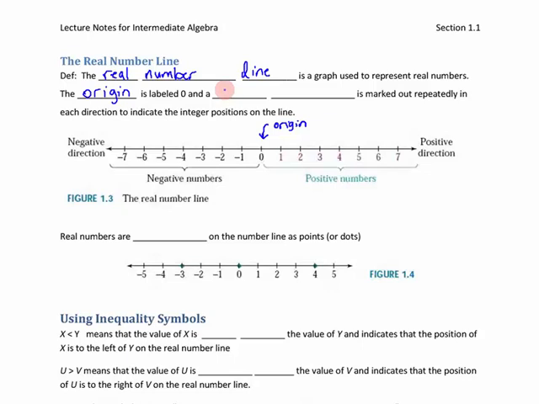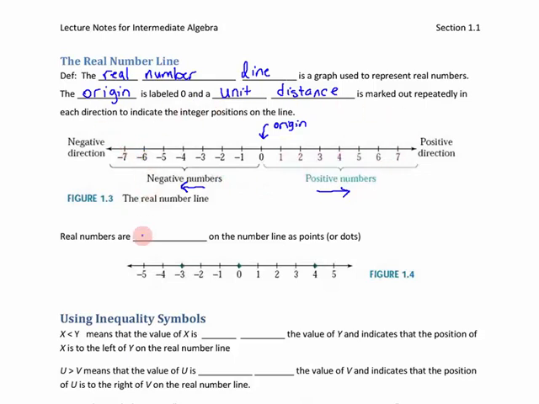And a unit distance is marked out repeatedly in each direction to indicate the integer positions on the line. So we start with 0 and our positive numbers go to the right and our negative numbers extend out to the left. Okay, so this is what the real number line looks like.